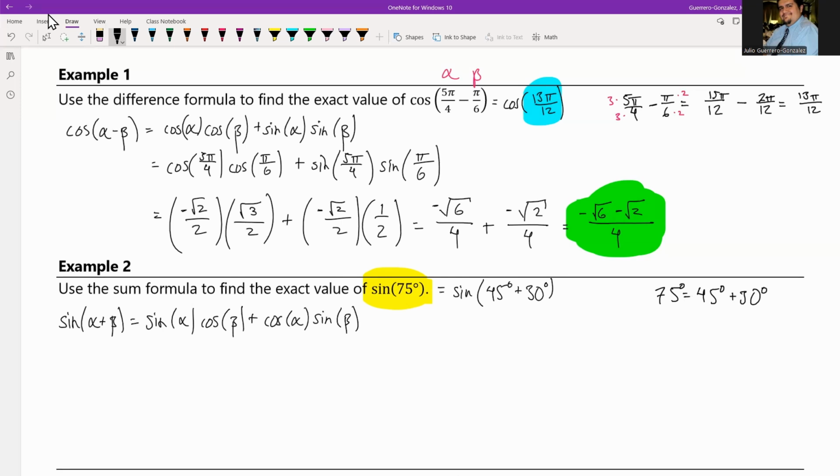Okay, all that's left, we need to assign our alpha and beta. So alpha, beta, equal to sine of alpha, 45 degrees, cosine of beta, 30 degrees, plus cosine of 45 degrees, sine of beta, which is 30 degrees.